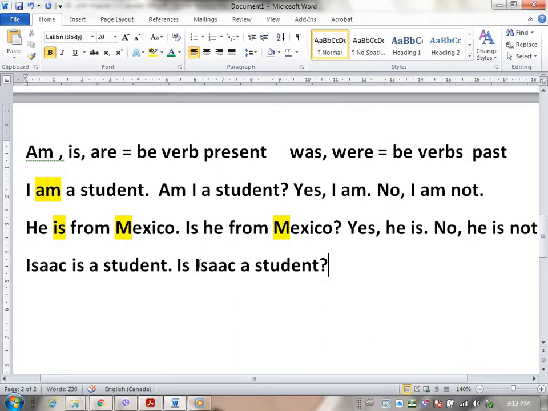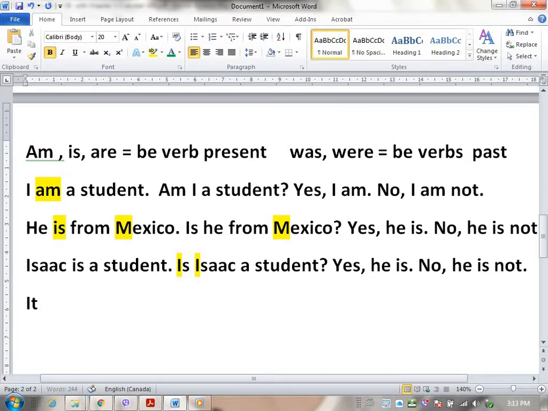You see, because it's a name, then I have to make the first letter capital. And always when we start any sentence in English, the first letter I have to make capital. Okay, here I'm gonna say yes, he is, or no, he is not.